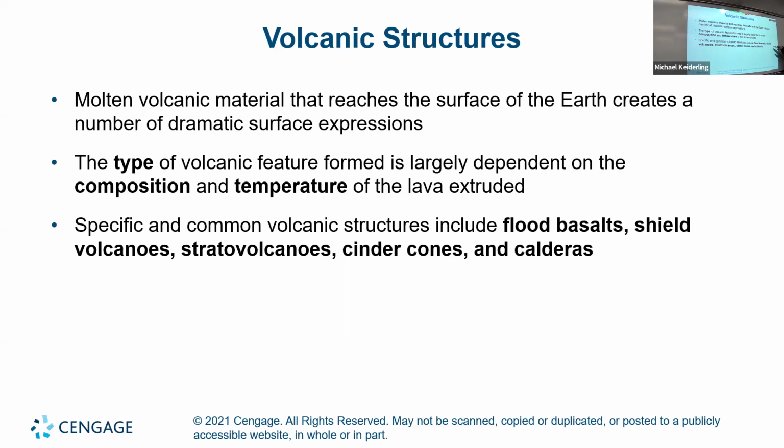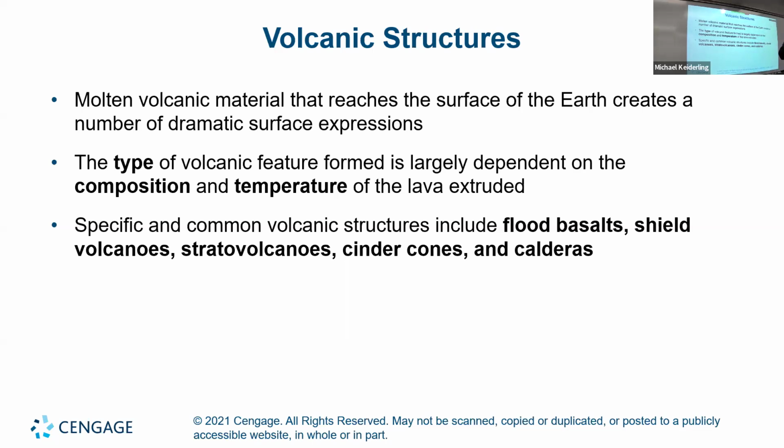We're going to go through all of these, but flood basalts and shield volcanoes form from very thin lava that is hot and basaltic. Stratovolcanoes form from medium lava that alternates between violent and more peaceful, allowing them to be the most dramatic and big.